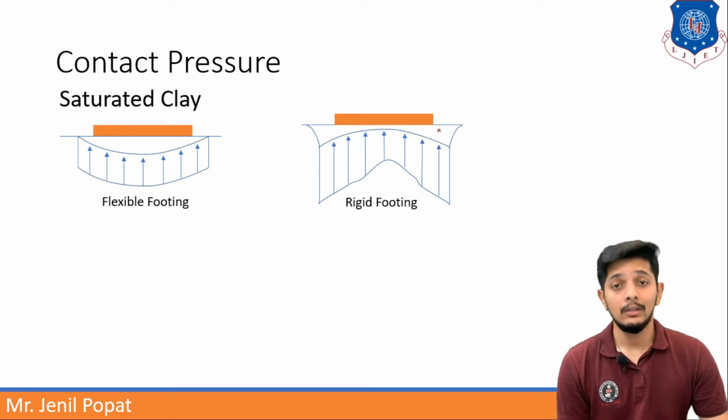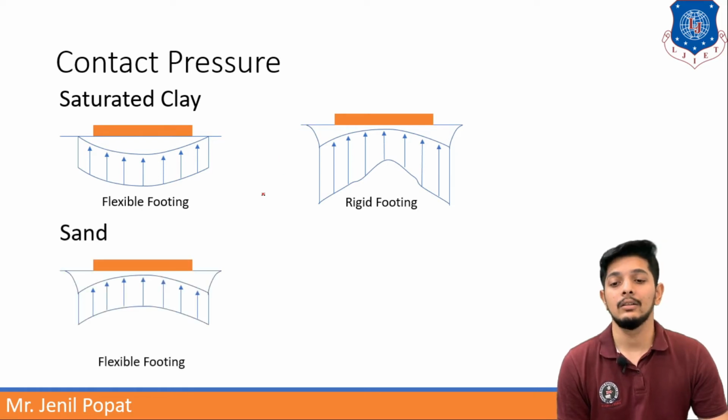In elastic theory, we assume that at the ends of the footing there will be infinite pressure, but practically it is not possible, so we assume the pressure at the ends as maximum and at the center as minimum.